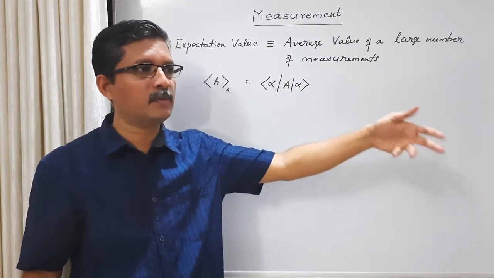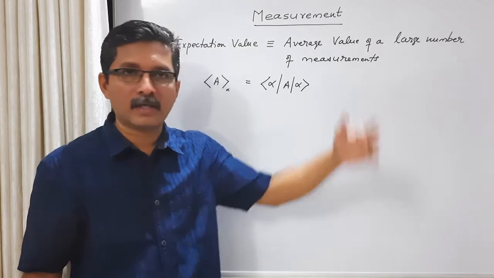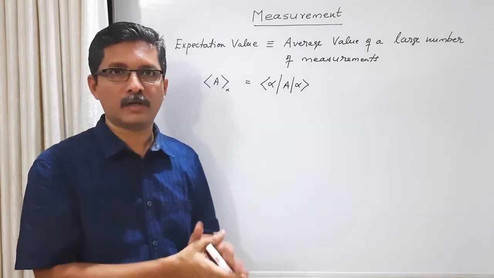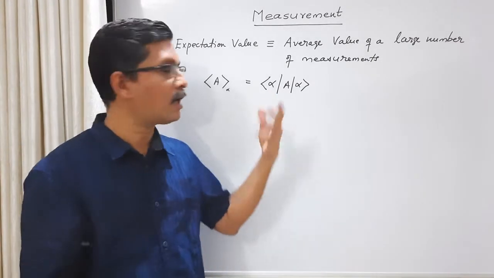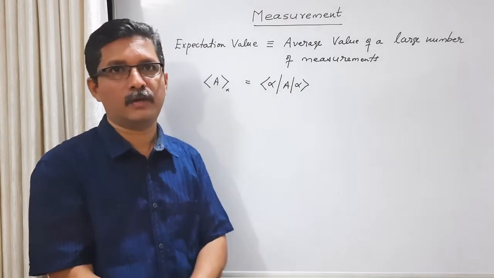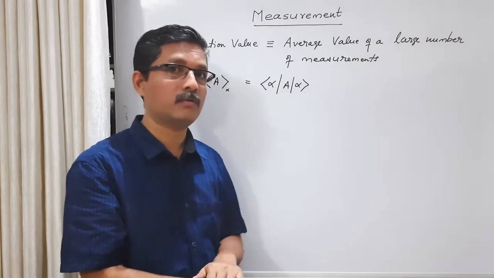In some of the measurements you get the same eigenvalue. Then how can you calculate the average of a large number of measurements, when this equation doesn't look like that? How do you show that this equation gives you the average value in terms of the eigenvalues? Okay, let us see how it comes.